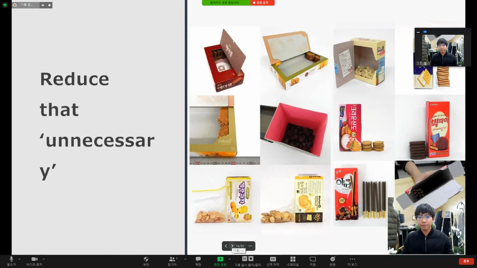We don't have to cover every single one of them with unnecessary plastic, a big waste. So this is what you can see. A lot of the biscuits, snacks, or like your beloved pepperoni, are all just covered in paper without plastic. You don't need it.